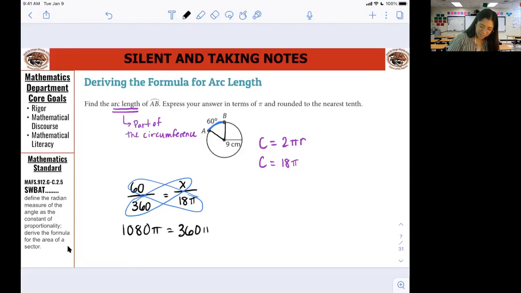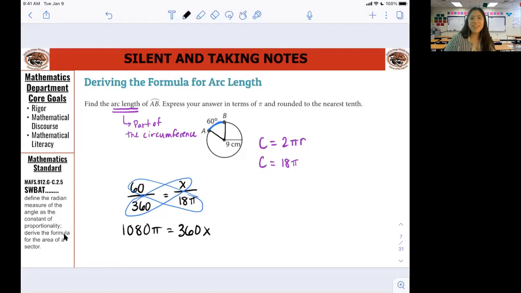I said 1080. I heard Perla typing in the 1085, because you said 1080 pi. I thought you were saying 1085. Okay, 360x, not 360 pi. Oh my goodness, I just keep messing it up. Okay, Miss, these kids have got into your head.